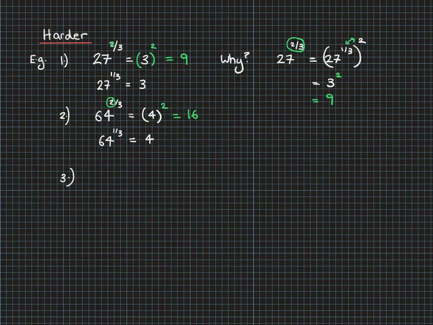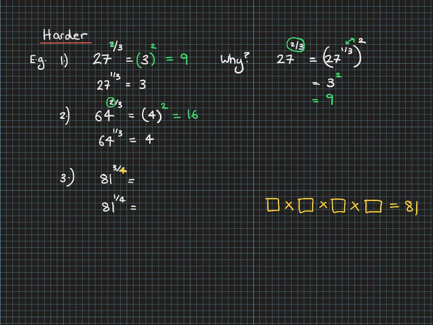Let's try another one. 81 to the power of 3/4. So denominator power first of all, 81 to the power of 1/4. So I'm looking at this denominator here. 81 to the power of 1/4 means the fourth root of 81. It means I'm looking for a number multiplied by itself, again, multiplied by itself another time, which gives me an answer of 81.